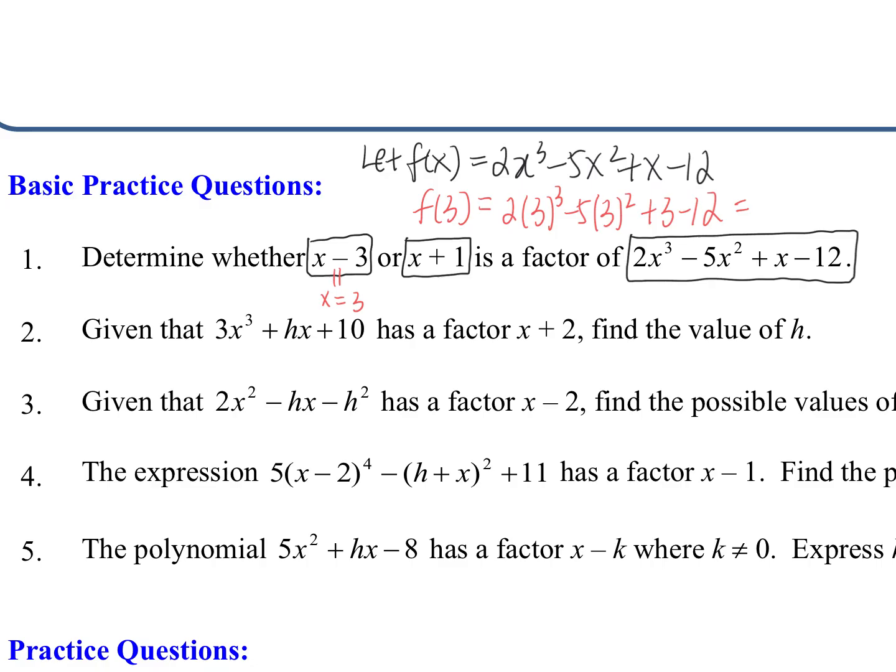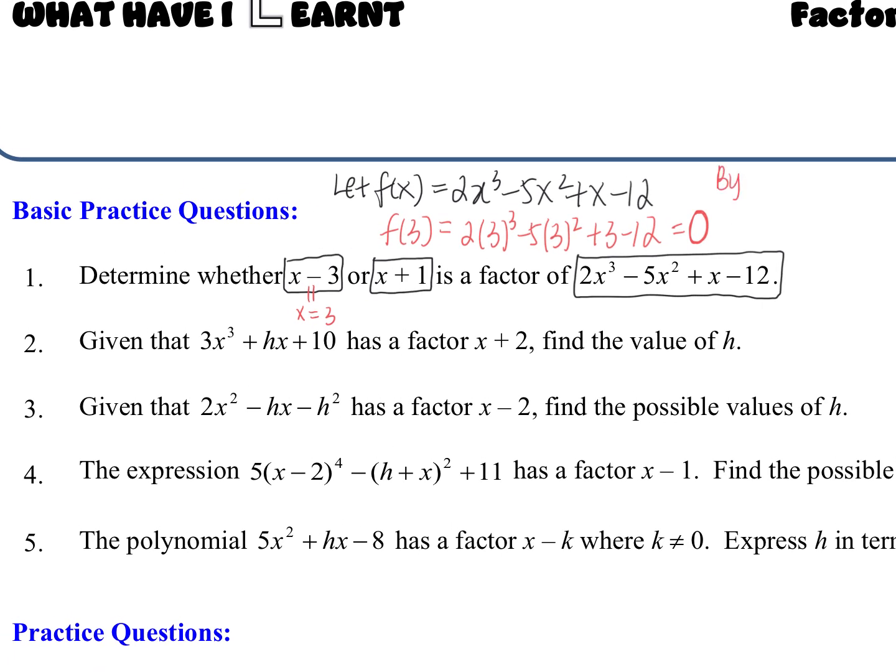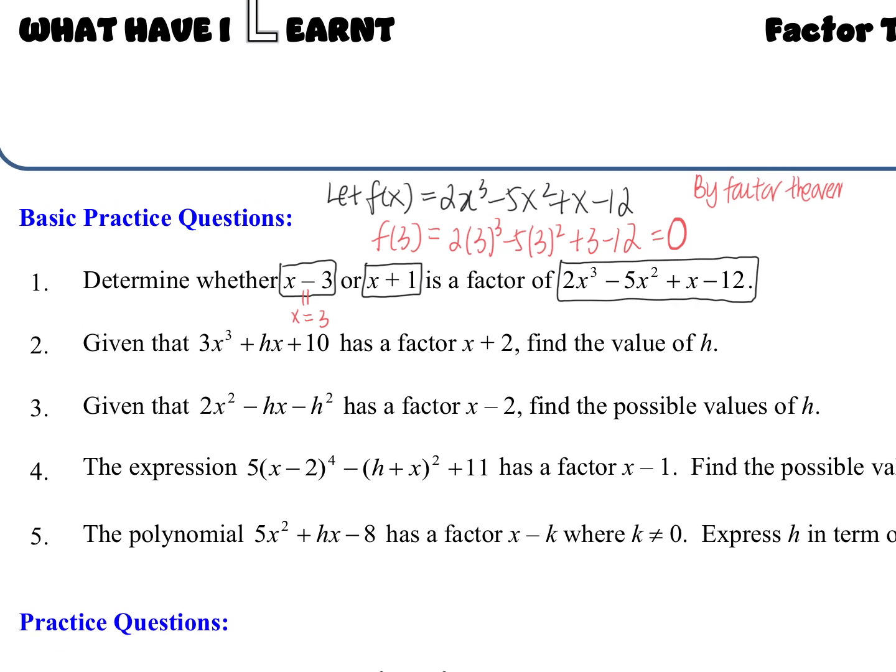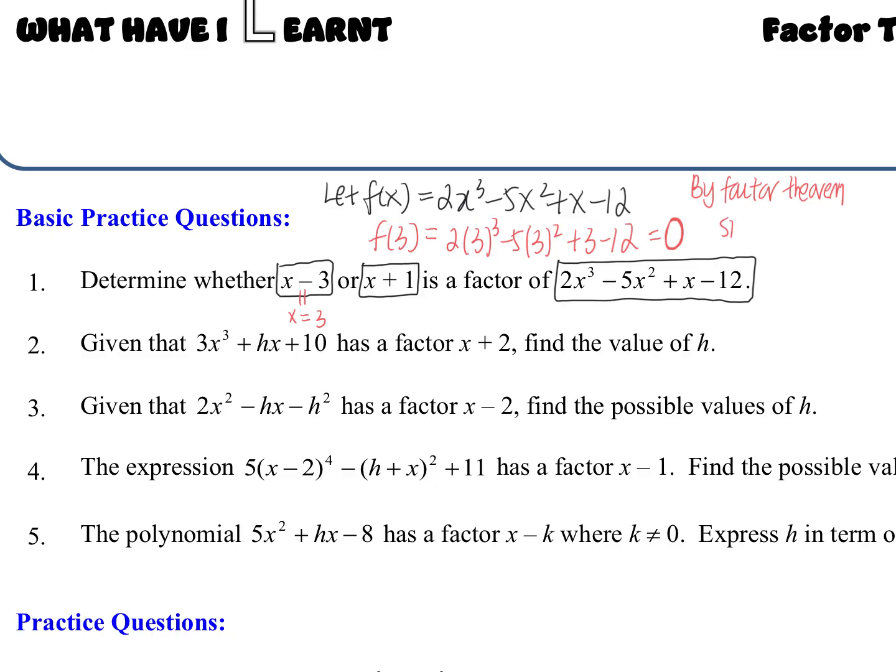Is it 0? If you find that the value is 0, then you can tell me by the factor theorem, since f of 3 is 0, therefore x minus 3 is a factor.